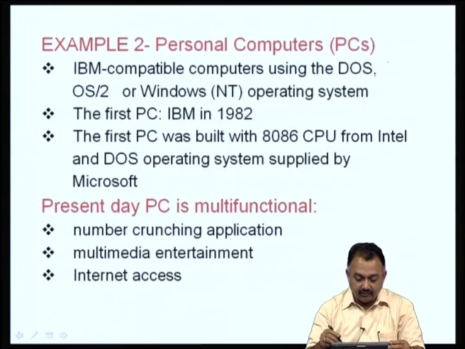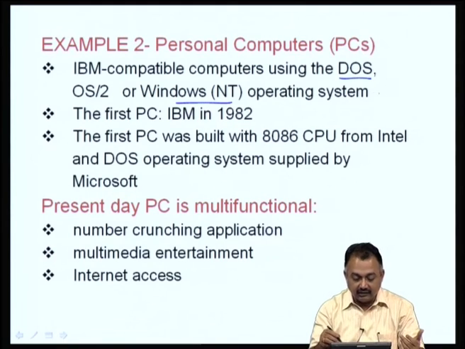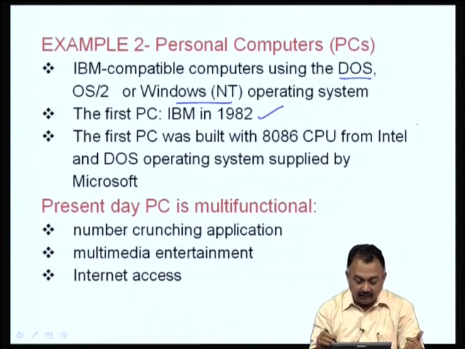IBM compatible computers using DOS was once there. Now, we have Windows, earlier it was NT, now we have various other Windows operating systems. This is a brief history: the first PC in 82, and then we had various processors, 8086.